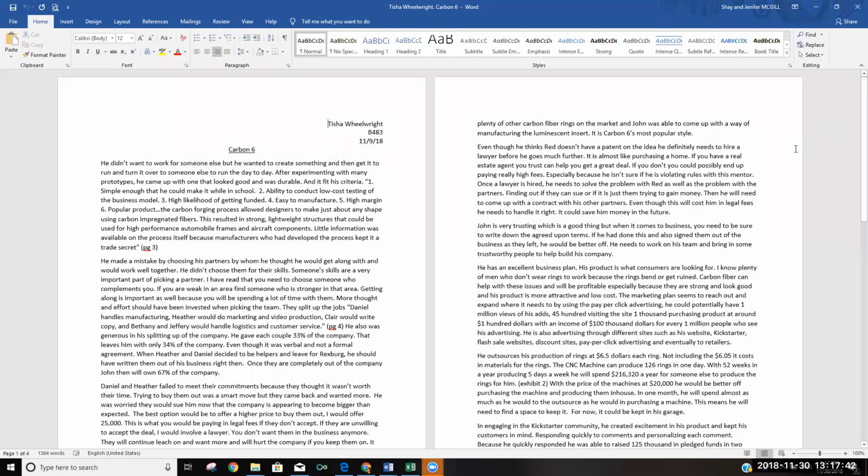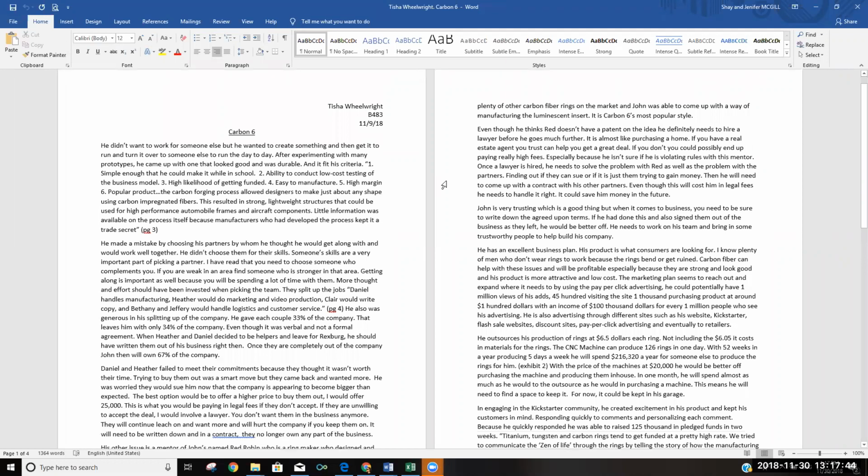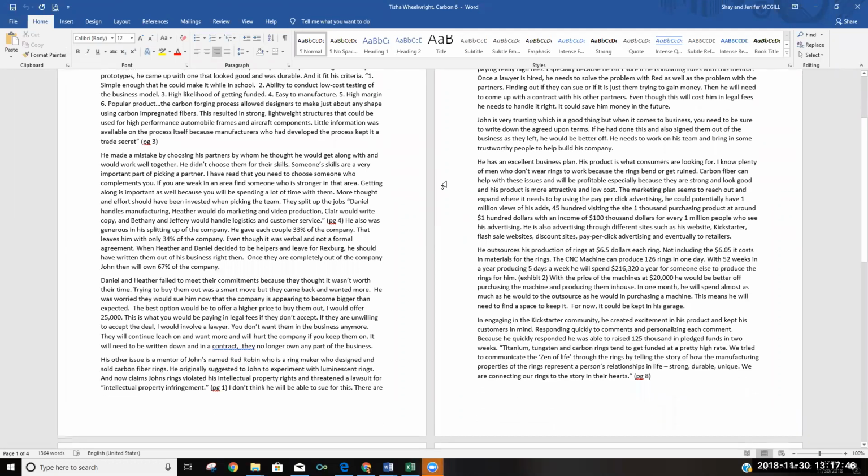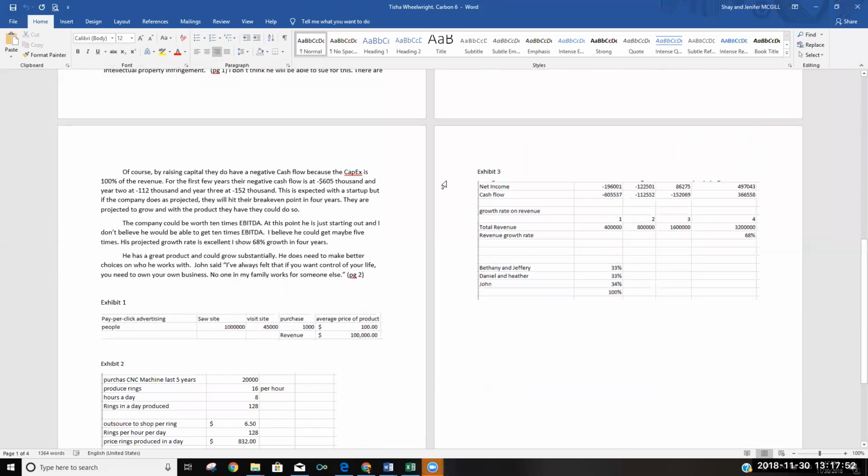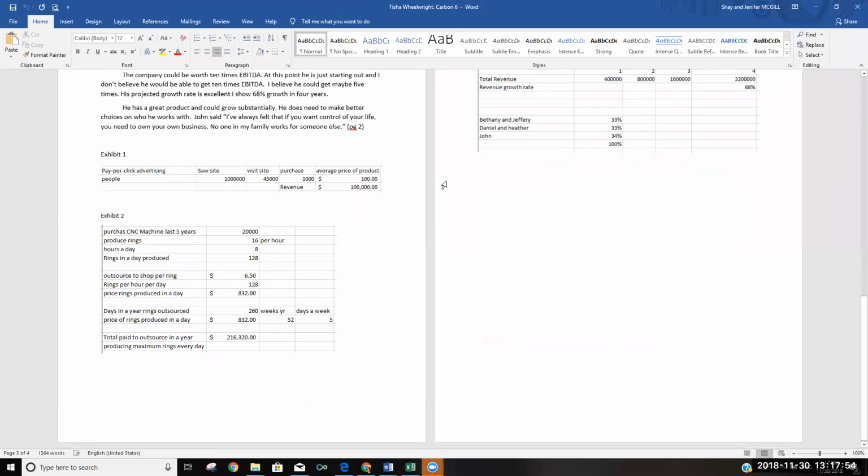This one, again, maybe lacks some of the organization that I like. The paragraphs were small enough, though, that it didn't overwhelm me. But what I really loved about what Tisha did here is she came up with her own solution. It was almost completely unique because she looked into pay-per-click advertising. As she made recommendations about what they should do going forward, she proved it with her own exhibits, and I love that.